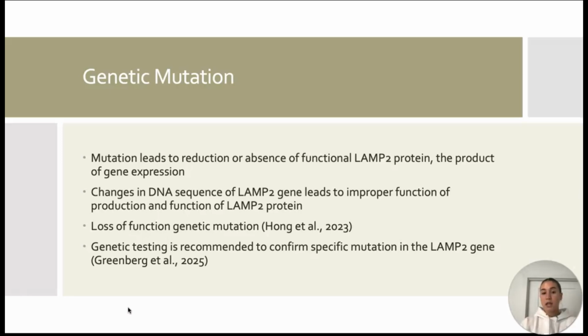So it can basically create improper function or just completely get rid of all function of the LAMP2 protein, and this type of mutation is called a loss of function genetic mutation, because 1, it's genetic, and 2, you're losing the function. You're losing the ability for the protein to do its job.